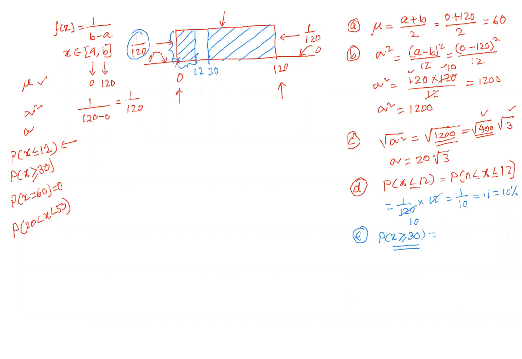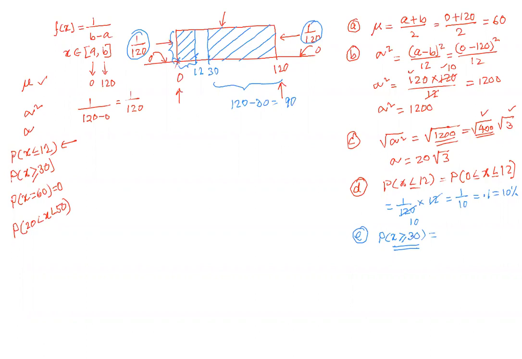That means what are the chances that you will be waiting for more than 30 minutes to respond to this alarm. Now, height is still 1 over 120, but the width is different. Width is going to be 120 minus 30, which is, by the way, 90.